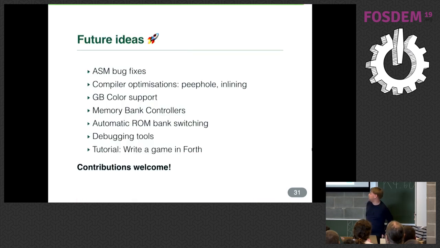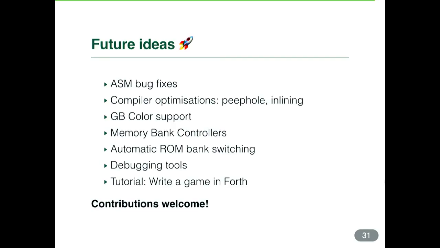So yeah, in the end, we ended up with a pretty complete Forth implementation. I think we have some tickets still open to make it fully compliant to the standard. But everything that's missing now is there's a lot of bugs in the assembler of the original Game Boy.